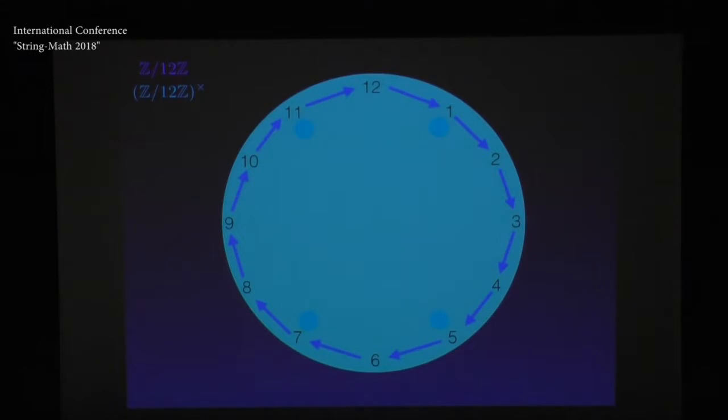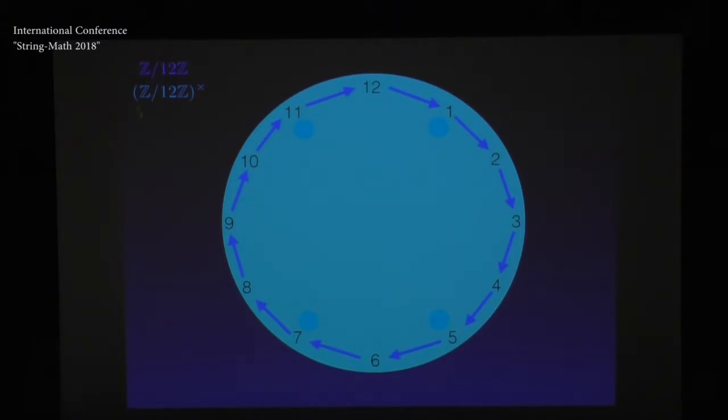If I now want to look at the group of units, you can easily convince yourself, they are the numbers that are relatively prime to 12. For example, 2 has no multiplicative inverse in Z mod 12Z because 2 times any integer is even, and that's never equal to 1 mod 12. Whereas 5 squared is 25, which is equal to 1 mod 12. So that's the group of units.